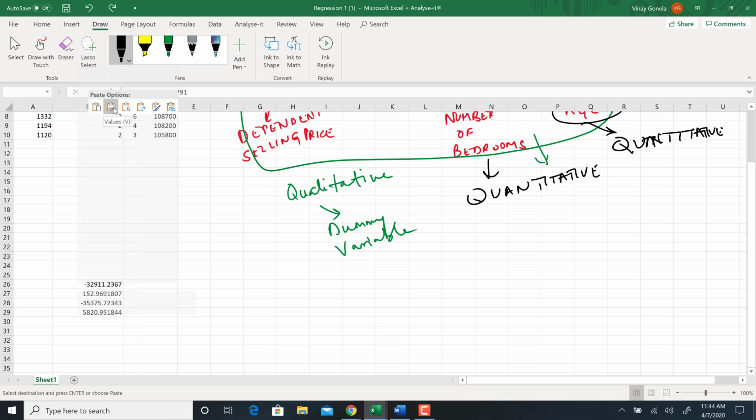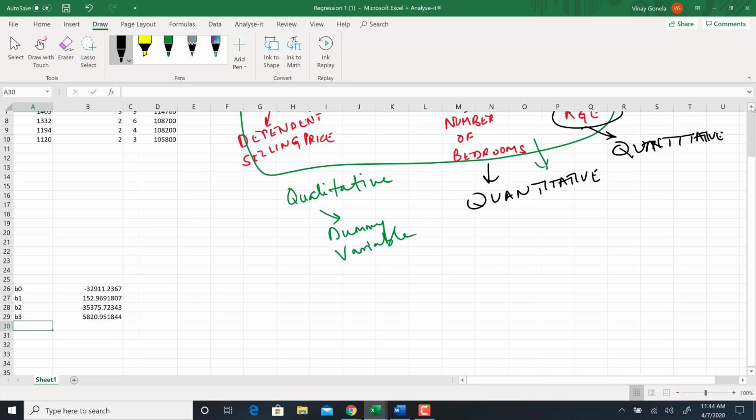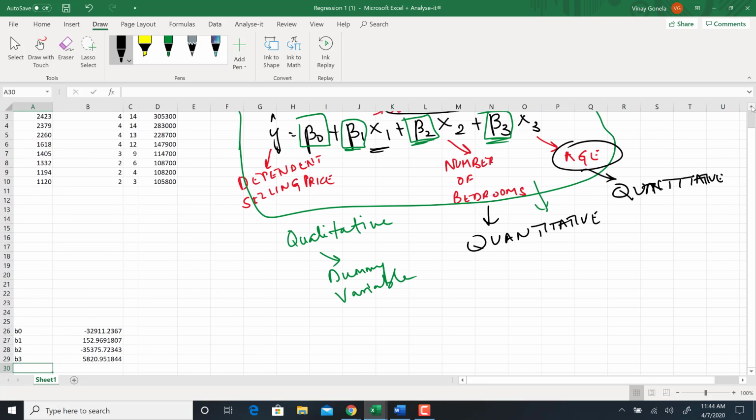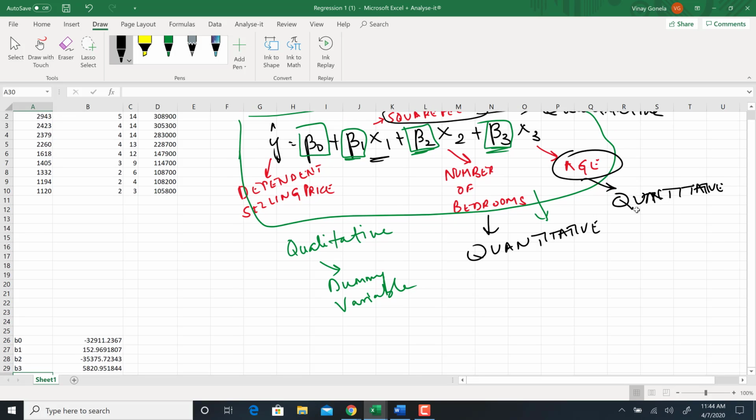So what it means is, this is our b naught or b0, and b1, b2, and b3, or this is beta naught, beta 1, beta 2, beta 3. So if you see our equation on the top, this is how it looks.